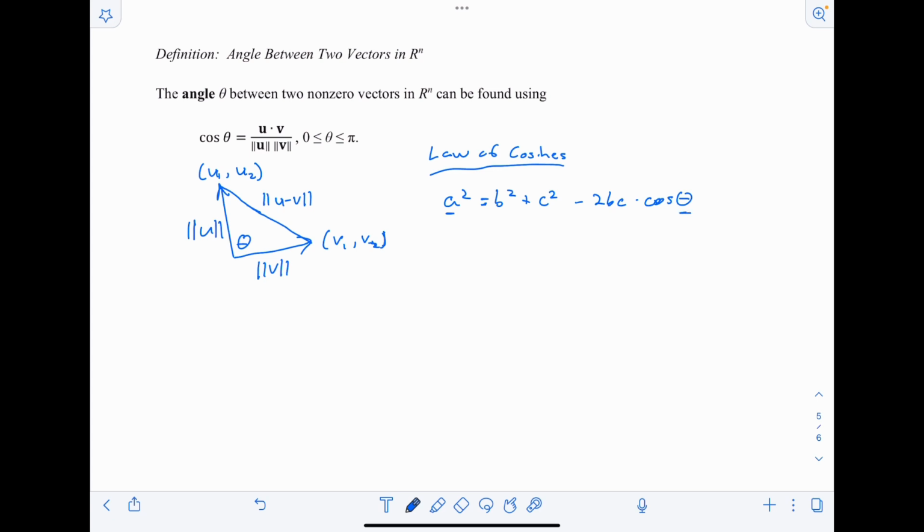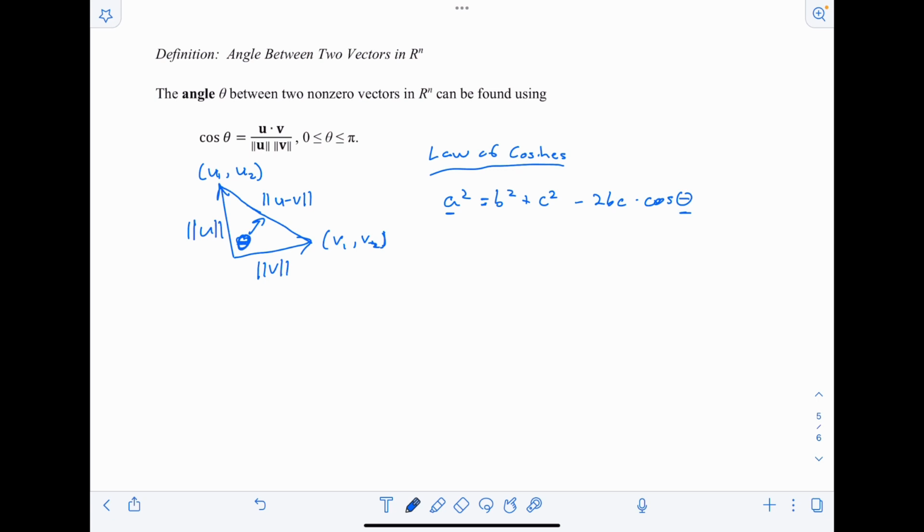So if we're looking for angle theta, the side opposite it, which is the magnitude of U minus V, would represent a in this equation. Let me make the substitutions now with these magnitudes.